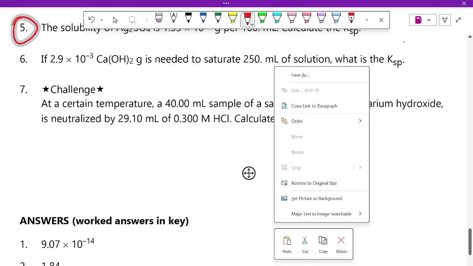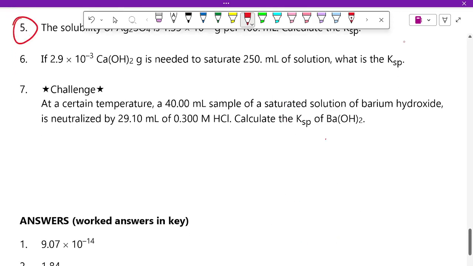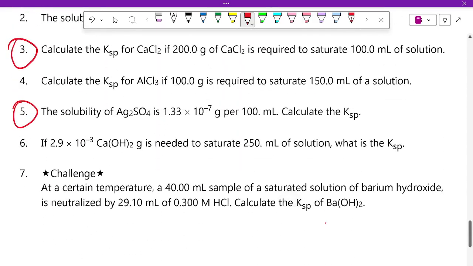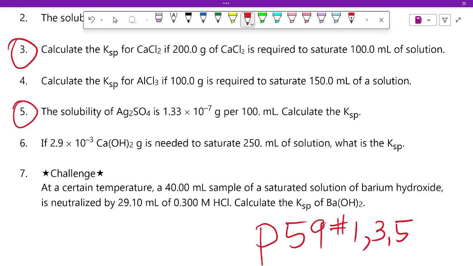So this is page 59, numbers 1, 3, and 5. If you want to do them all, that's fine, if you feel like that'll be better practice. And also page 29, finish.